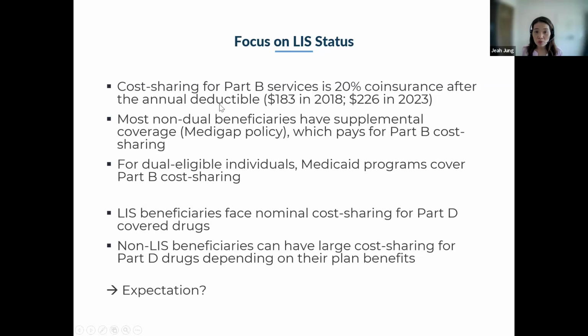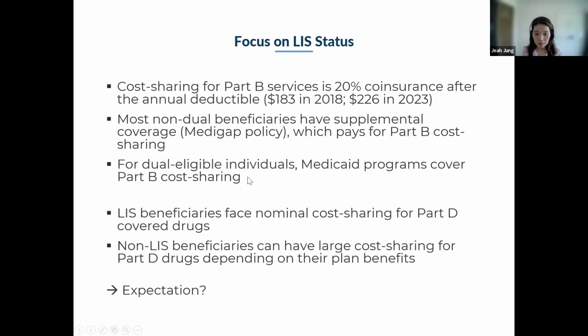So if they are using Part B services, their cost sharing will be low because it's covered by Medigap coverage. And if you are dually eligible, meaning that you are eligible for both Medicare and Medicaid, Medicaid will cover Part B cost sharing. So this means that duals or non-duals, their Part B cost sharing may be somewhat low because it's covered either by Medicaid or a Medigap policy, right?